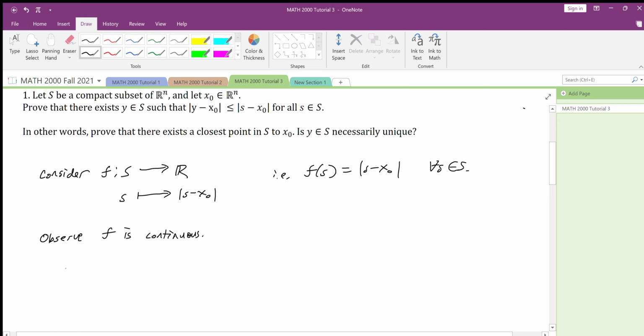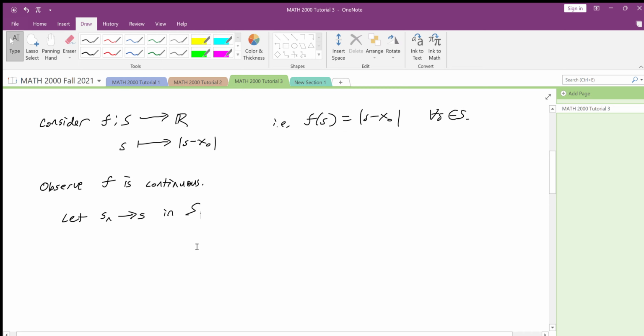So why is it continuous? Let s_n converge to s inside the domain. So these are all values inside S. Then we note that for f of s_n and f of s, what's their distance in the image?